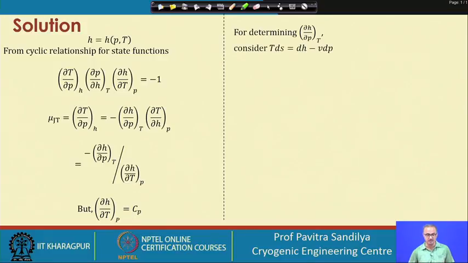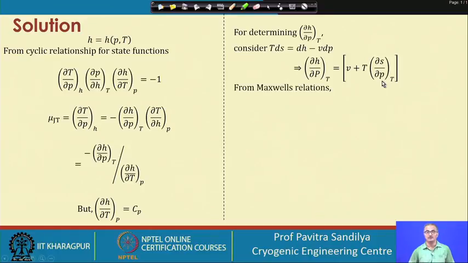Now, to find (∂H/∂P) at constant T, we use another thermodynamic relationship, that is TdS equal to dH minus VdP, and these derivations are given in the thermodynamics book, so I am not going into those derivations. Using this expression, (∂H/∂P) at constant T comes out to be V plus T into (∂S/∂P) at constant T. There are some Maxwell relationships which are also given in the thermodynamics book.